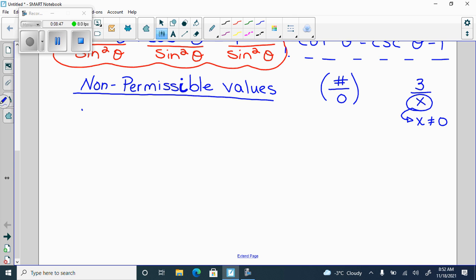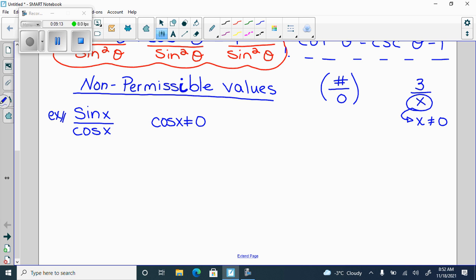So, if we have an example, sine x over cos x. What's my issue? Cos x can't equal 0. So we state cos x can't equal 0, and then we have to state all the places where it does. Restrictions are x can't equal, and then I give values.